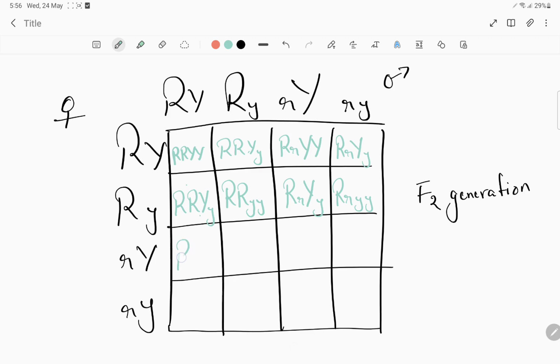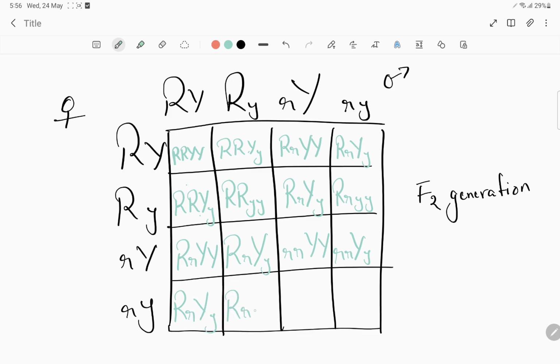And next, capital R, small r, capital Y, capital Y. Capital R, small r, capital Y, small y. Small r, small r, capital Y, capital Y. Small r, small r, capital Y, small y. And here again, capital R, small r, capital Y, small y.